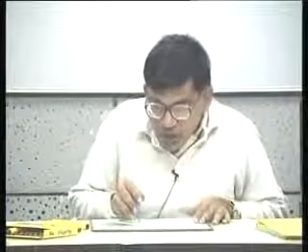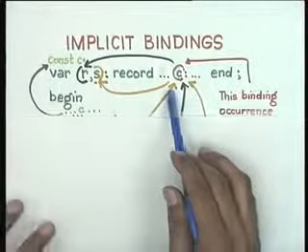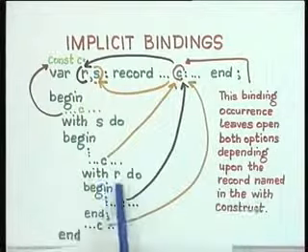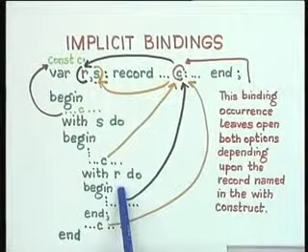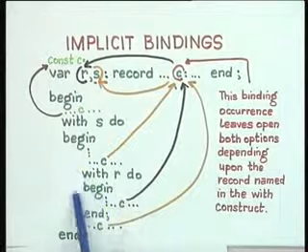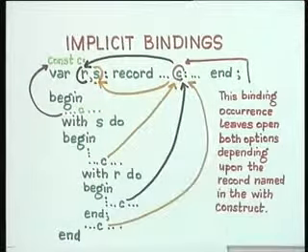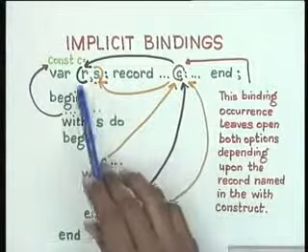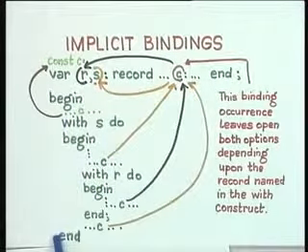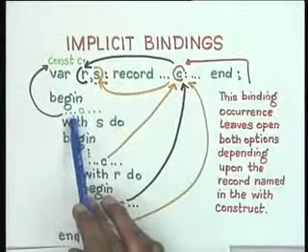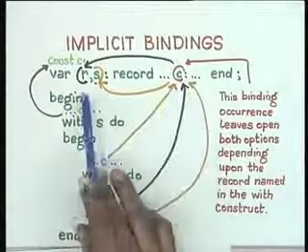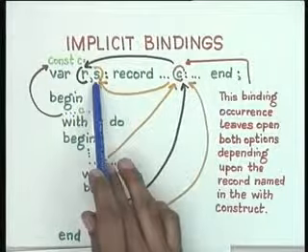So the binding occurrence can actually be decentralized, can actually be stretched out. Part of the binding occurrence can be here, the other part of the binding occurrence can be in a with statement. Right? So within this with statement, this C actually gets perfectly bound to R. In this with statement, all references to C actually get bound to the S, and the normal scope rules apply.